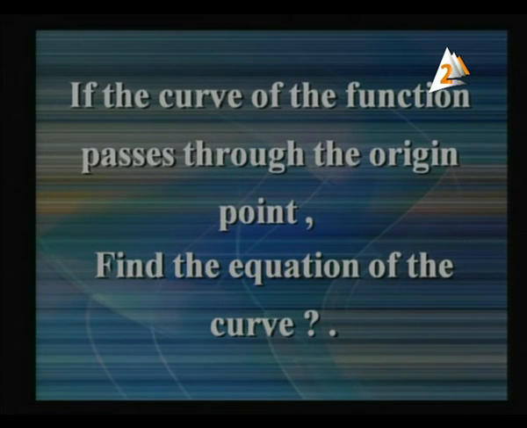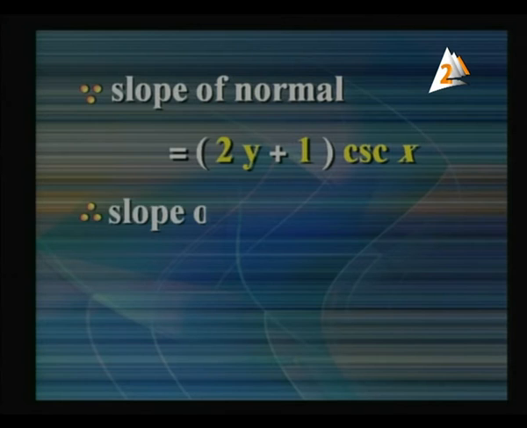Dear student, we have the equation of the normal, and we find the equation of the curve. Solution. The slope of the normal equals (2y plus 1) cosec x, the given slope of the normal.